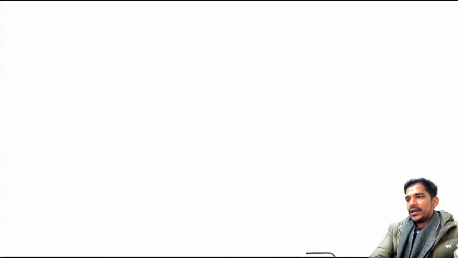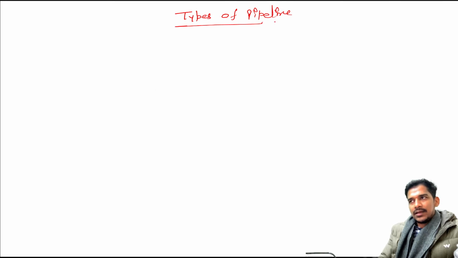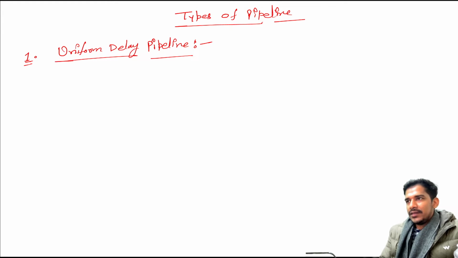There are typically many kinds of pipelining, but mainly we are interested in only 2 types of pipelining processors. The first one is called the uniform delay pipeline. Uniform delay pipeline simply means that in this pipeline all the stages complete their task in the same cycle time.